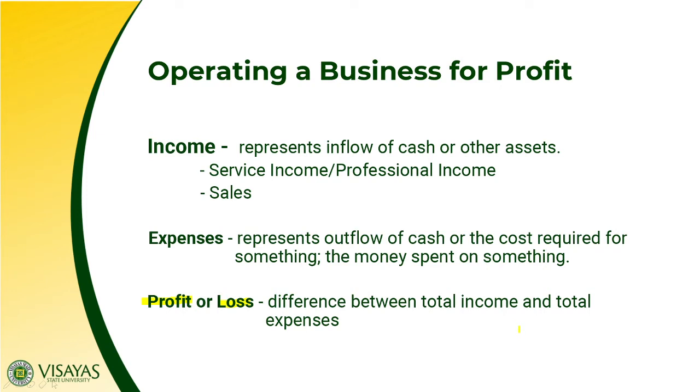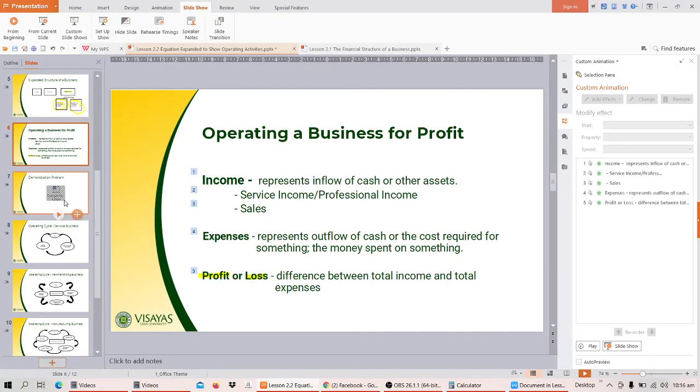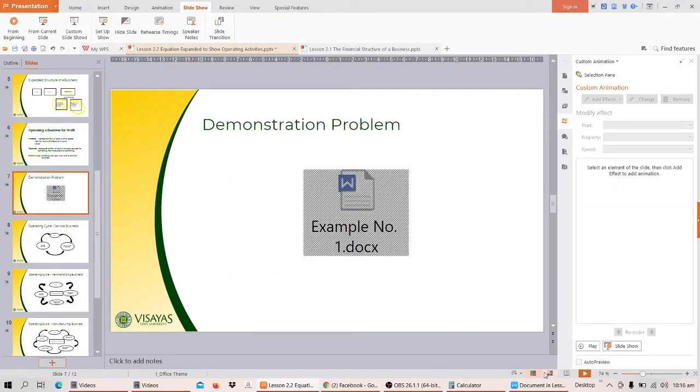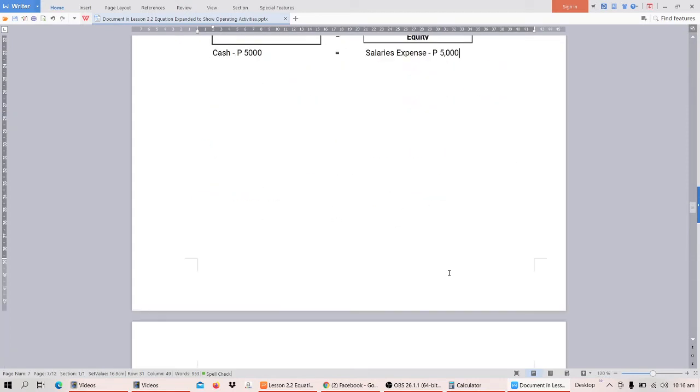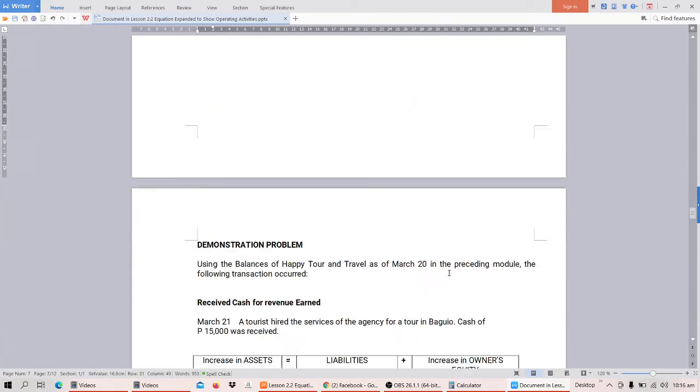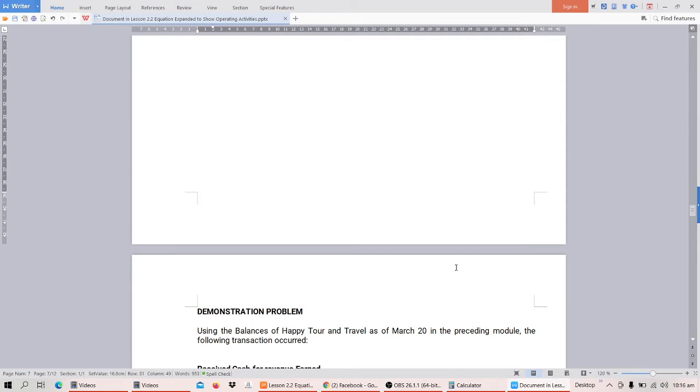so let's have the demonstration problem. So let us use from our previous lesson, we are using the Happy Tour and Travel, right? So our interim period there ended by, I think, March 20.